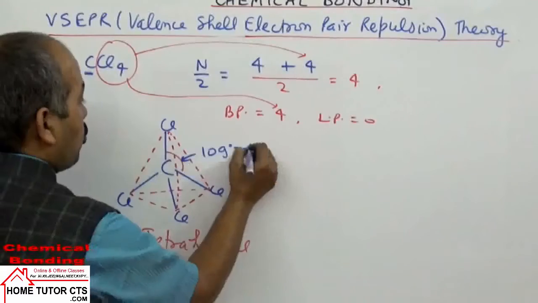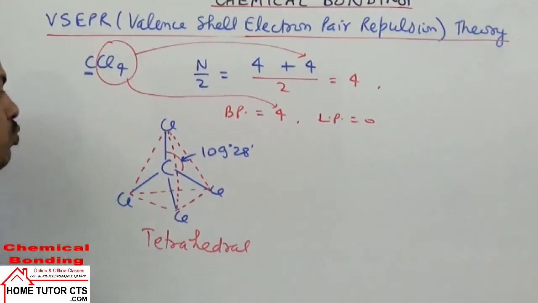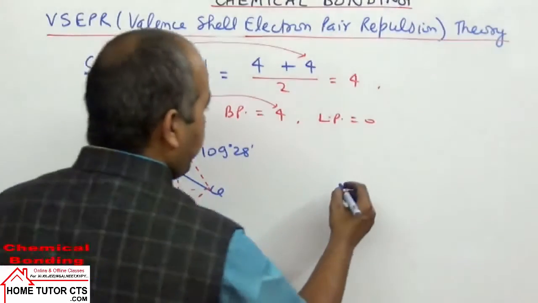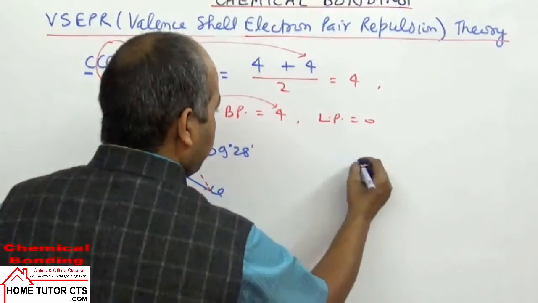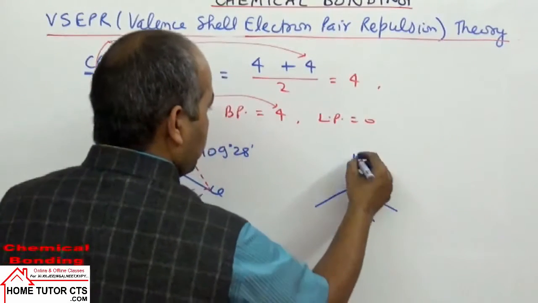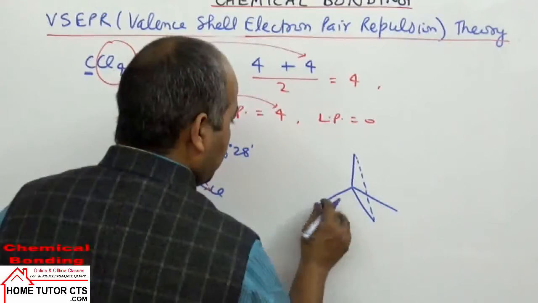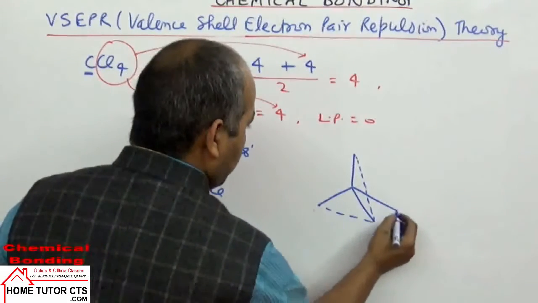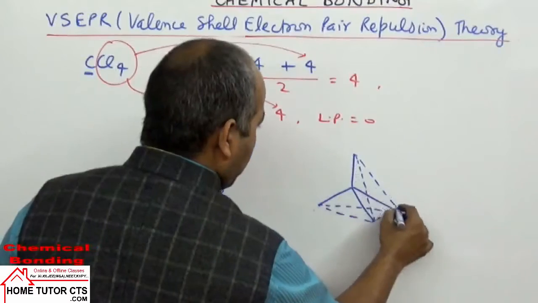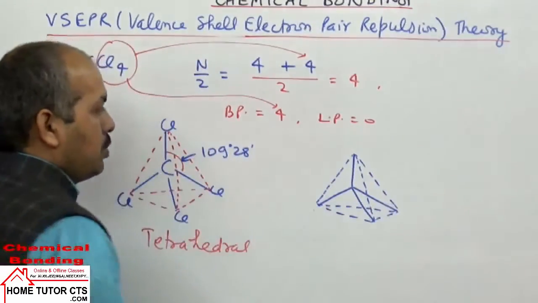109 degree 28 minutes. All the bond angles are equal to 109 degree 28 minutes. If you just draw this tetrahedron this way here, your four faces are called tetrahedral geometry.